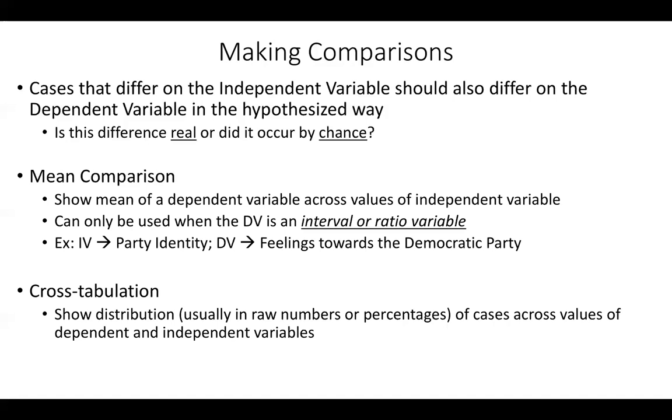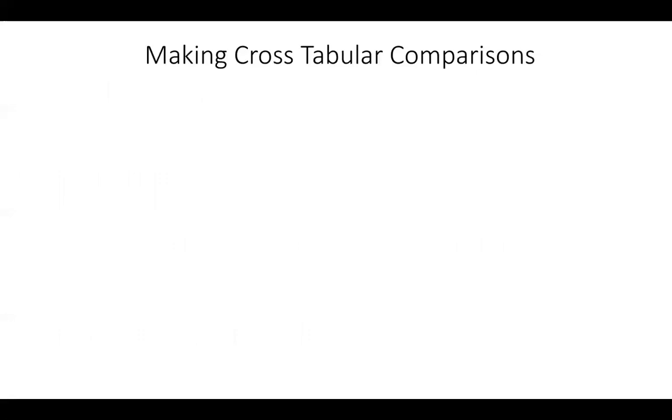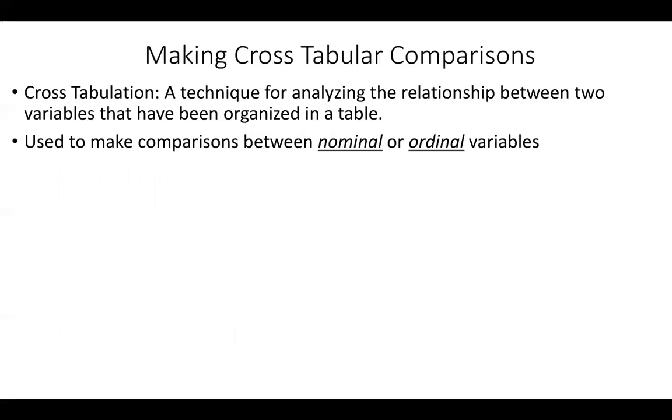When we talk about cross-tabulation, we're going to show the distribution, usually either in raw numbers or in percentages, of cases across values of an independent and a dependent variable. One thing that's important to note is that cross-tabulations are about making comparisons between nominal or ordinal variables.